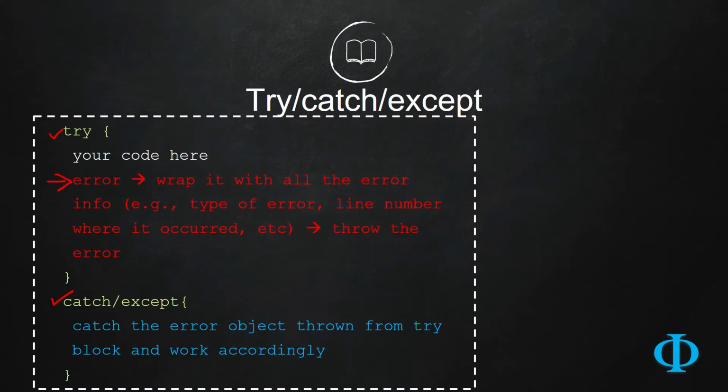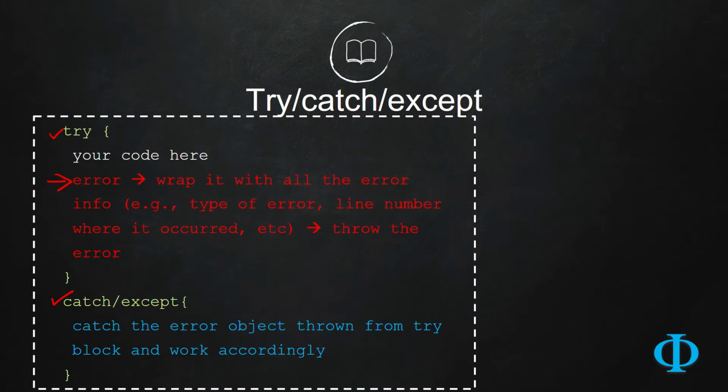For example, what is the type of the error, and in which line number the error actually occurred. These are just two examples. There are lots of other types of information that will be wrapped up, and then it will create an error object out of it.